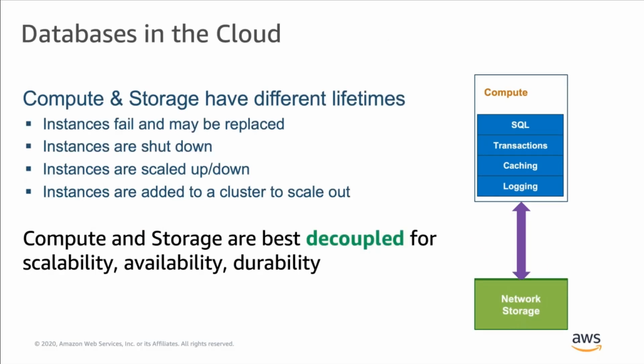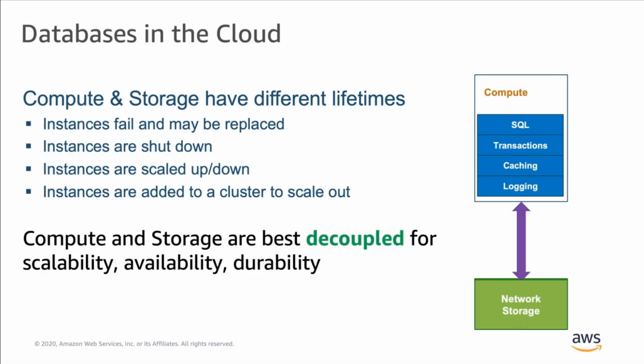In the cloud, however, we have a different imperative. The compute and storage have very different lifetimes. The cloud provides elasticity with instances, which means that customers operate in a very different way than they do on premises. Instances fail and might be replaced. Instances will be shut down to reduce costs. Customers will scale up or down the instances based upon workload. And instances are added to a cluster to scale out.